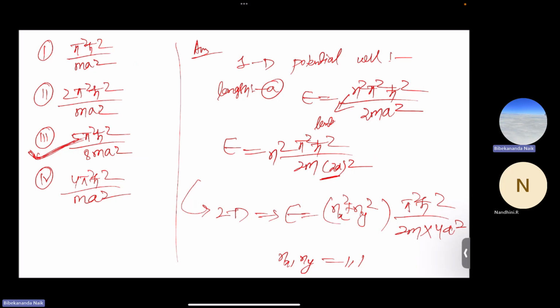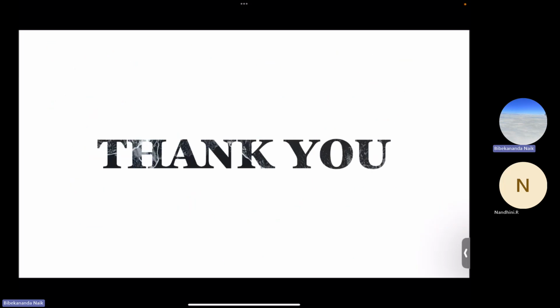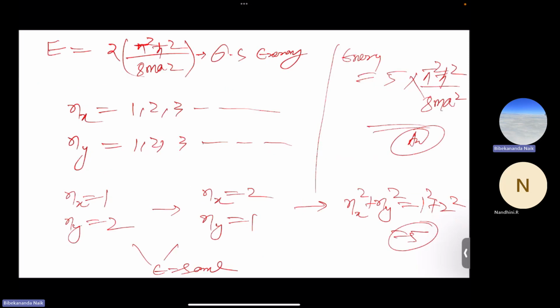So we know the ground state energy is with nx equal to 1 and ny equal to 1. The first excited energy will be nx equal to 1 and ny equal to 2, so the sum of squares of nx and ny will be 1 square plus 2 square equals 5.